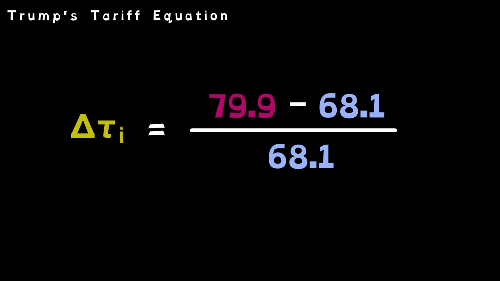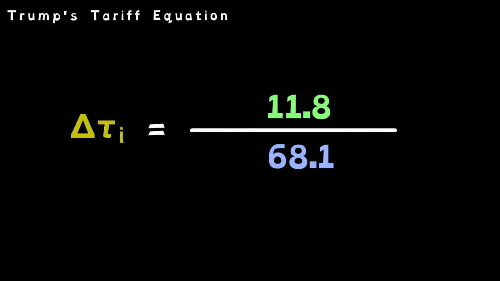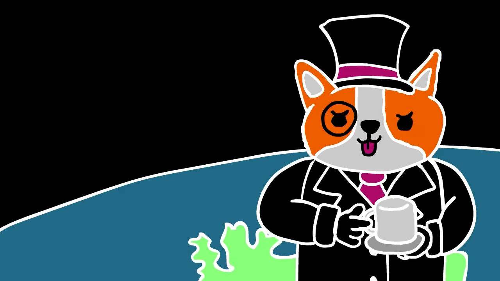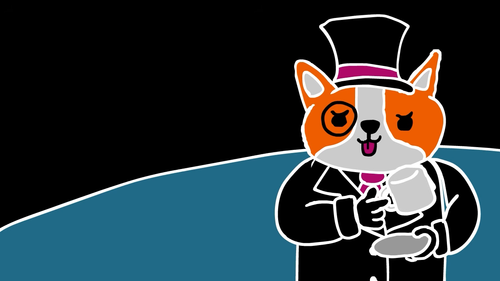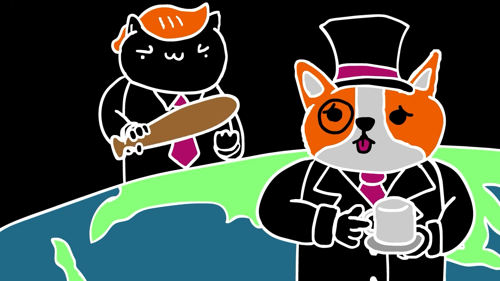This gets us a trade surplus of $11.8 billion, which again, because of the sign error in Trump's formula, is negative $11.8 billion. If we divide this by the imports of this country, it's negative $11.8 billion divided by $68.1 billion, which gets us negative 17%.